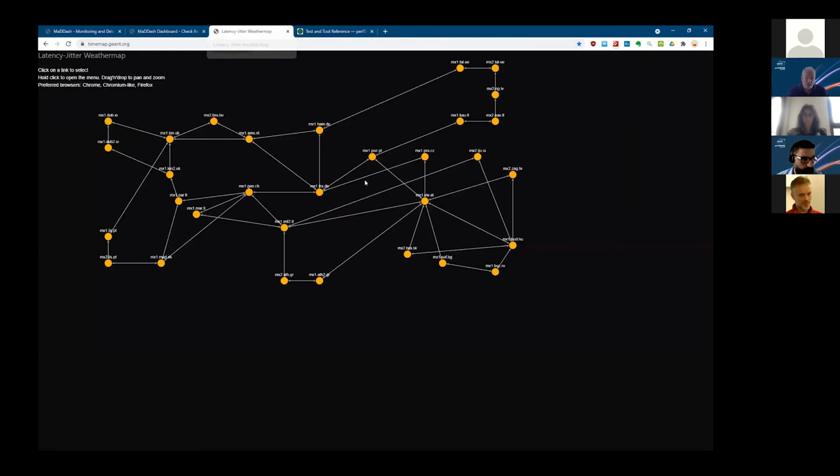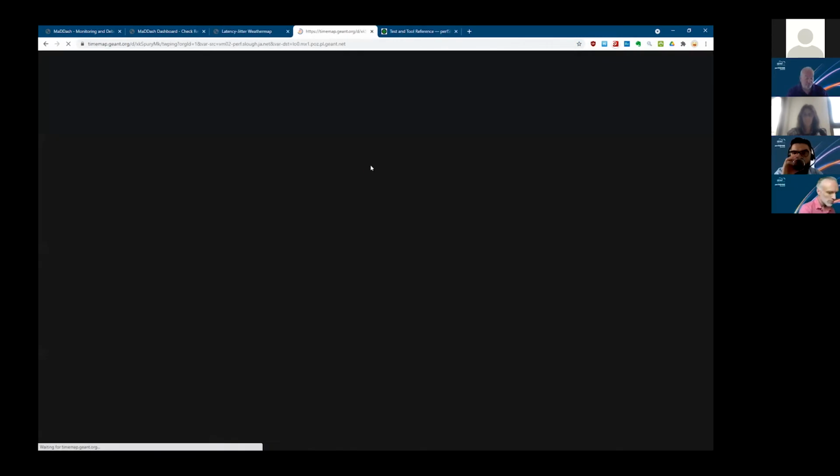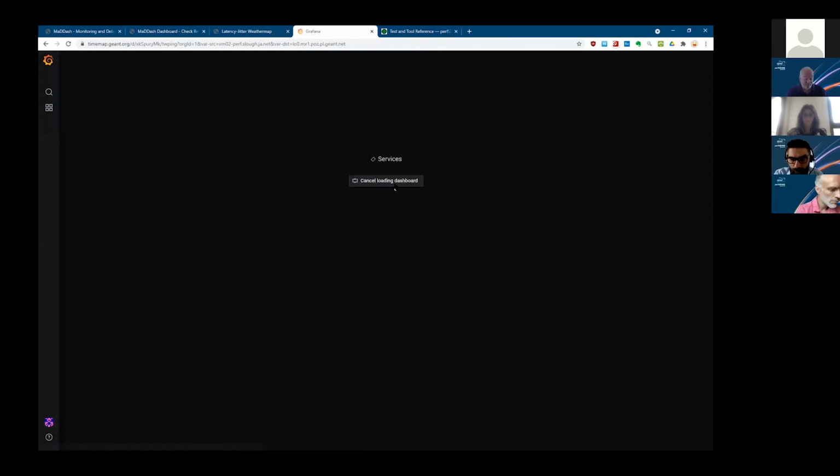This is the time map for GÉANT.org. This is from a team called Lola. It's for the low latency mesh, and this team is actually using a perfSONAR node in London Slough, and is also doing TWAMP measurements with TW ping.